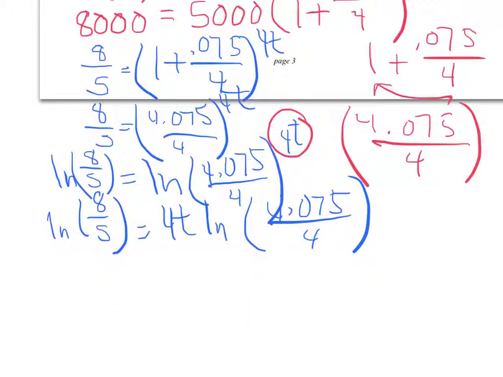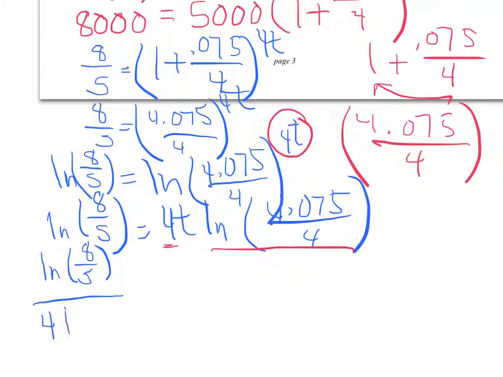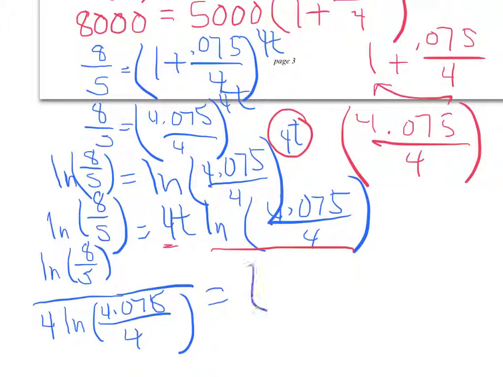We're solving for t, so the t is connected to this 4 and to this right here, just like before. So all we're going to do is divide by that. So we have the natural log of 8 over 5 divided by 4 times the natural log of 4.075 over 4, and that is equal to t.